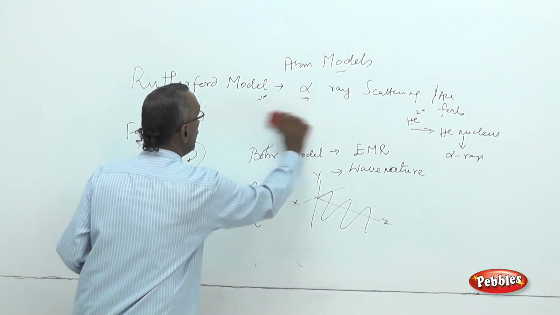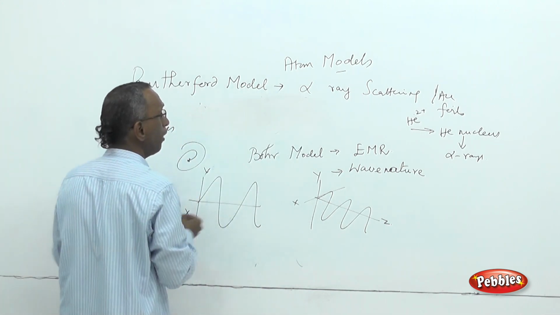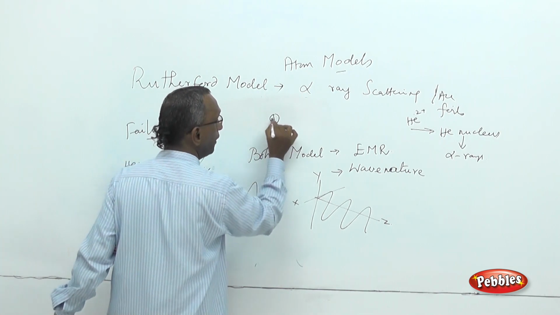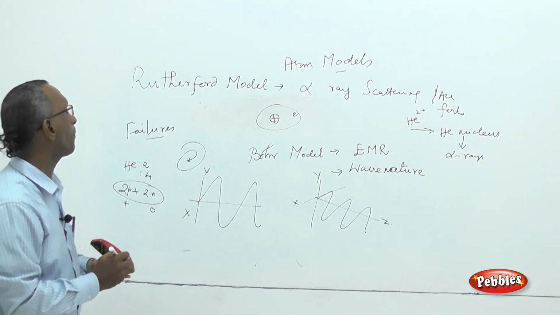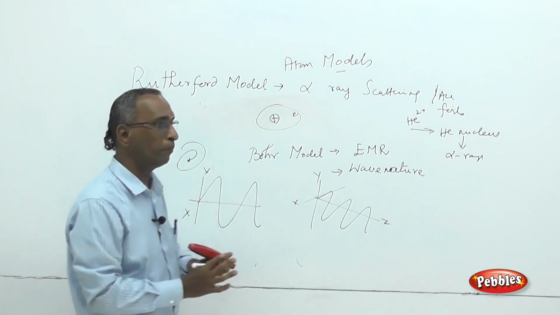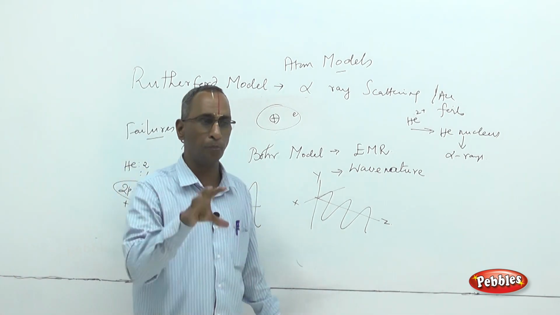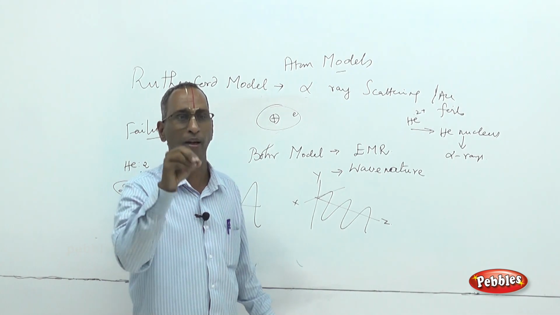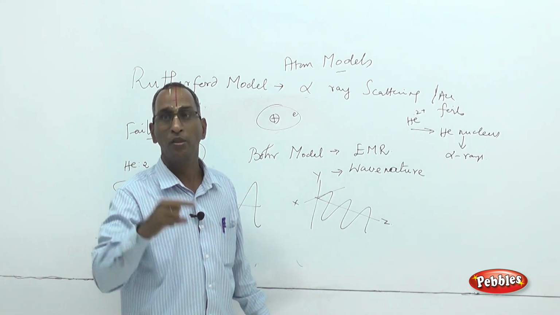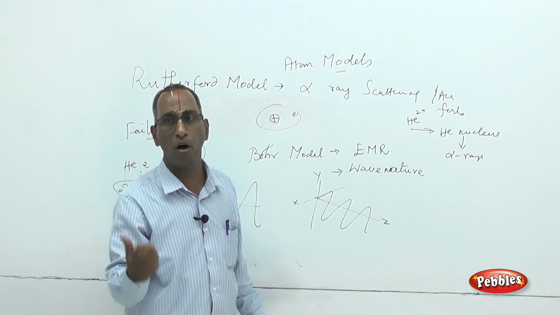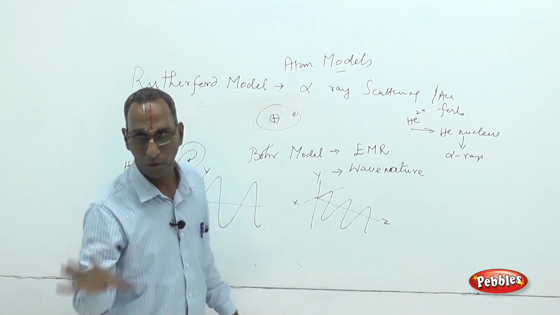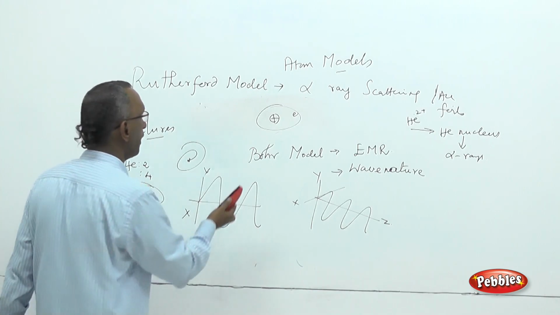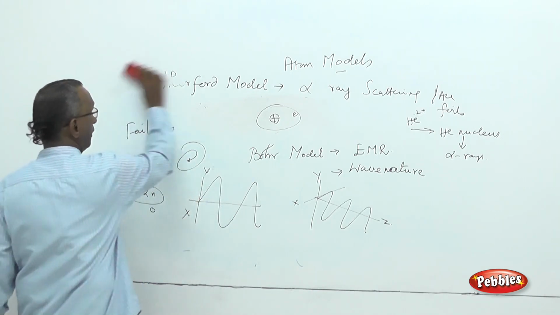The deflected region is only small, and that is called the nucleus. So the central region is the nucleus. Based on this he proposed a model that the subatomic particles, protons and neutrons, are situated at the center of the atom, surrounding which electrons revolve in certain orbits. That is the arrangement of the Rutherford model.